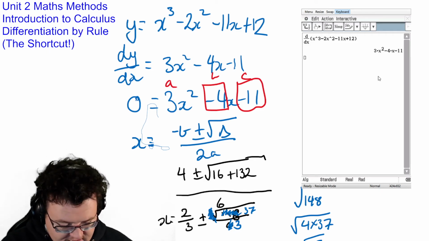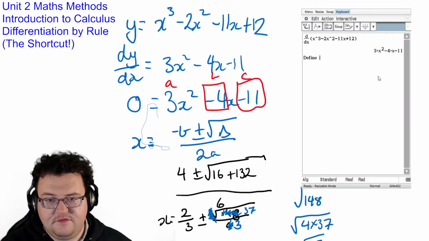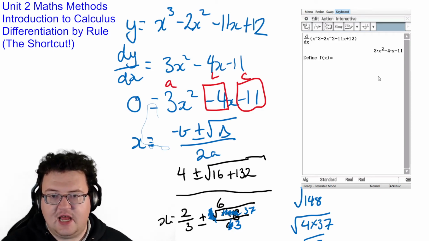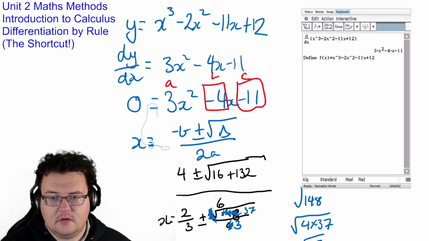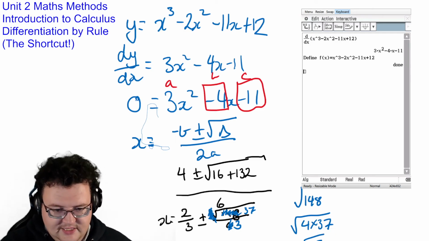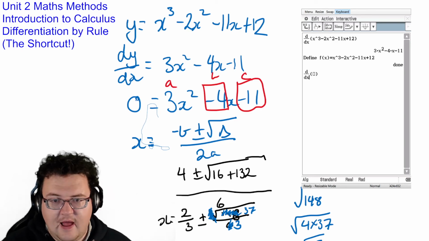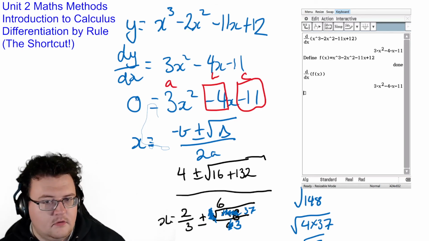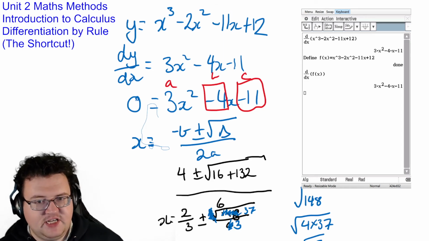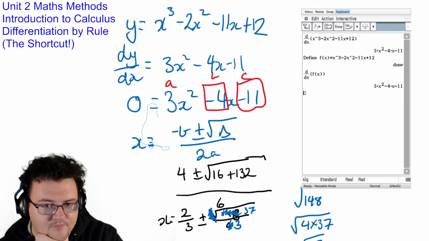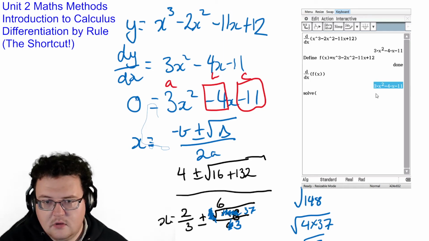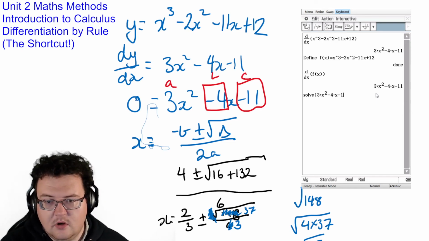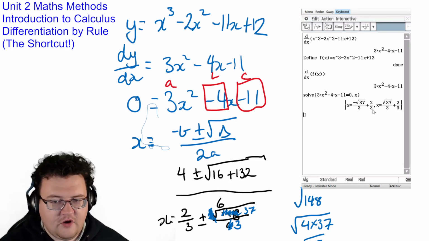Now what I'm going to do is also define f of x as being that. And what I can also do is define it first and then just do this. Because remember, you've defined what f of x is, so you've got that. So now I can go solve that equals 0 comma x, and it gets me my, oh look, they look familiar.